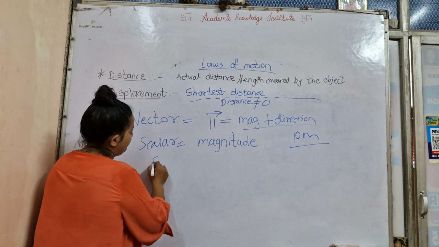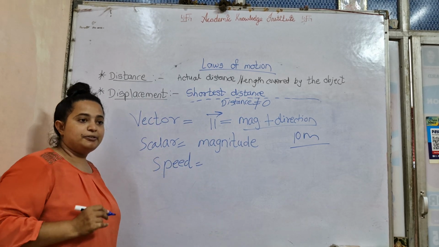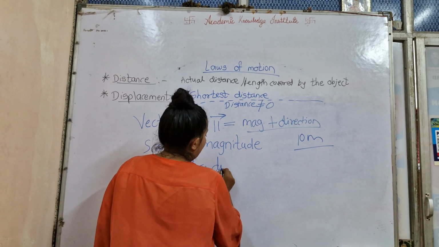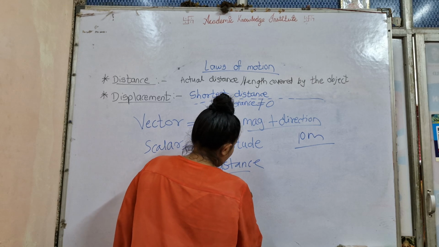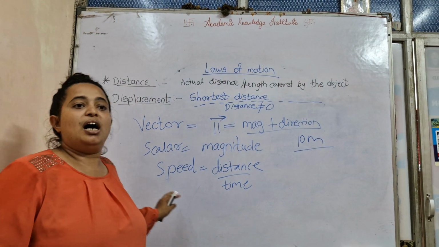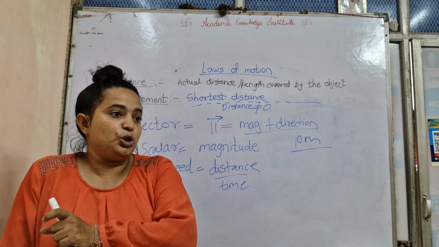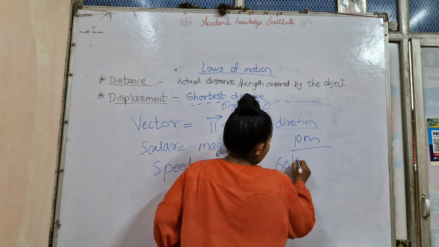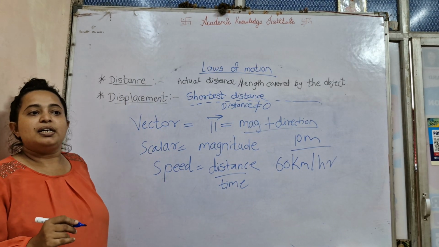Now you will understand the difference when we talk about speed. What is the formula for speed? Distance upon time. Now, if on roads and highways it is written that the maximum speed should be 60 km per hour, is it like that if you are going east then it should be 60 kilometers, and if going west it should be more?